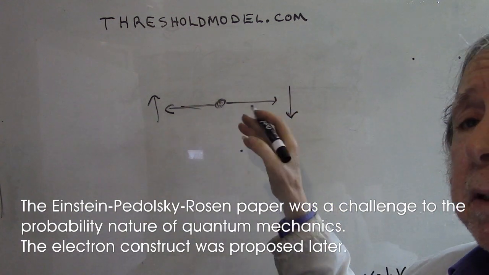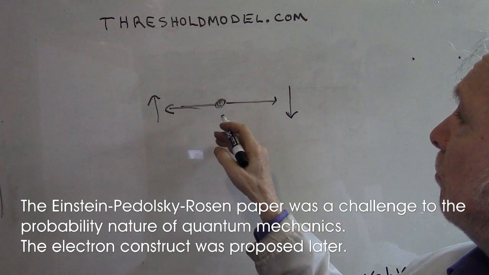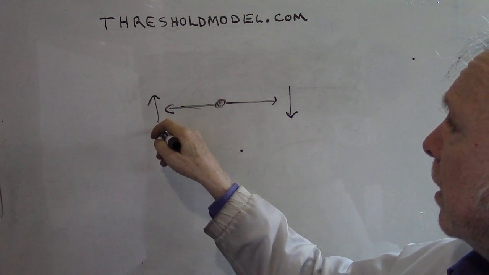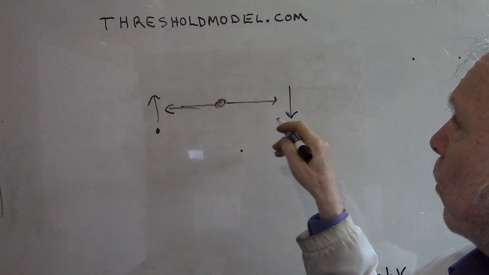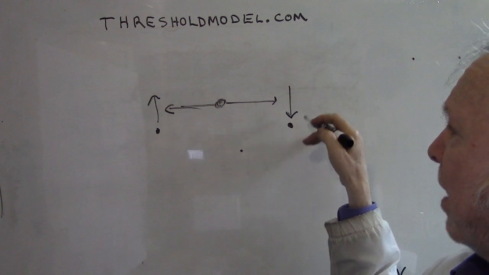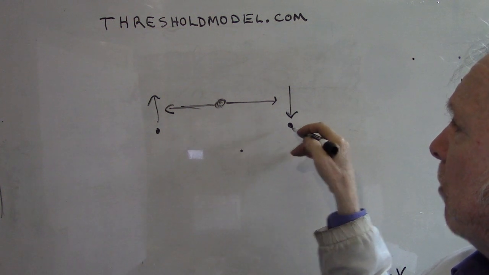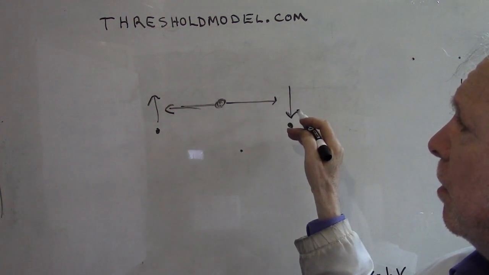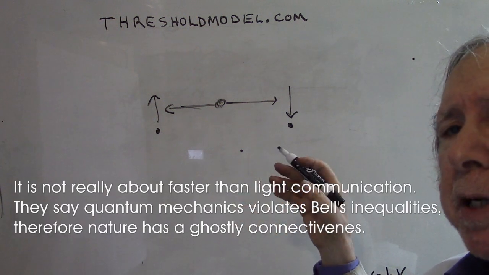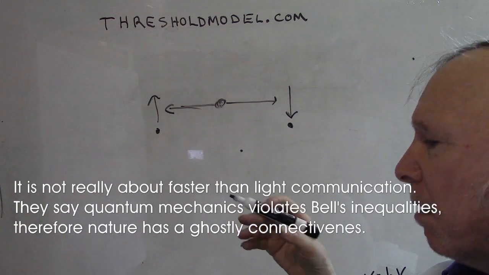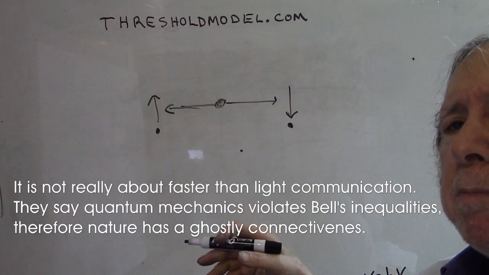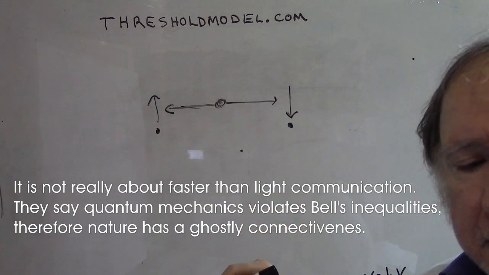Since it's a probability wave, the signature of its upness would happen at the same instant of time as the signature of its downness, irrespective of the distance between them, which implies a faster-than-the-speed-of-light kind of communication. But this is just a result of the probability interpretation, but still it was an important idea.